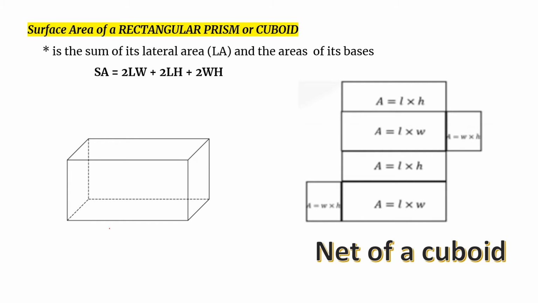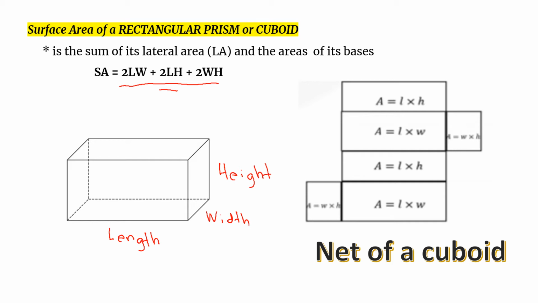Pag sinabi nating L, L for length. And then W for width. And H for height. So, using our formula on top, ito yung gagamitin natin mamaya to solve problems regarding rectangular prism surface area.